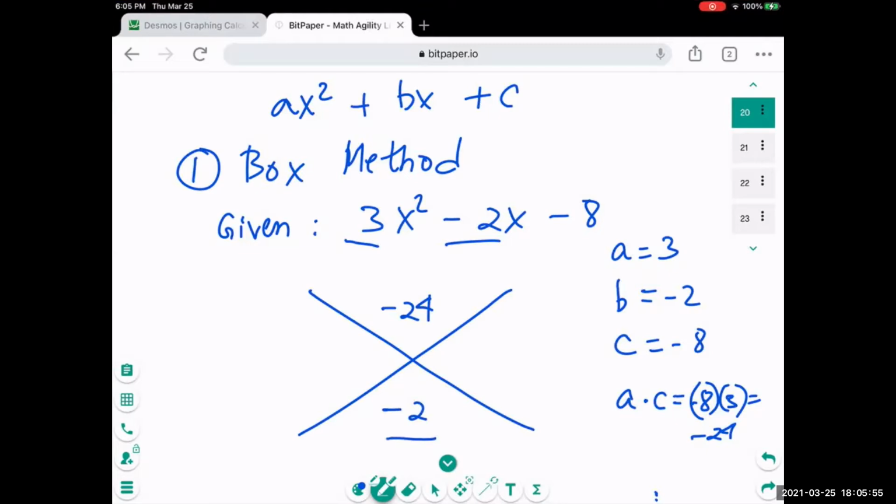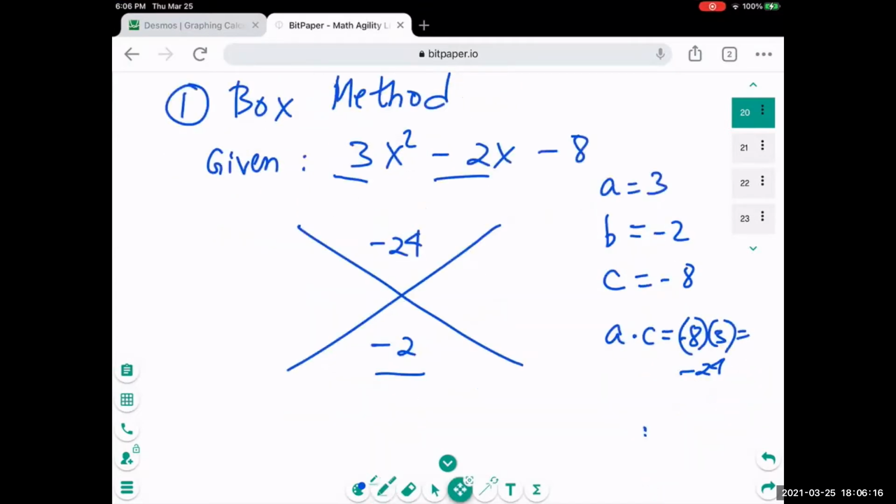Okay, so the numbers when multiplied will give us negative 24, and when added would give us negative 2, right? So, let's have a guess. So we can try negative 6 and 4. So negative 6 times 4, right?